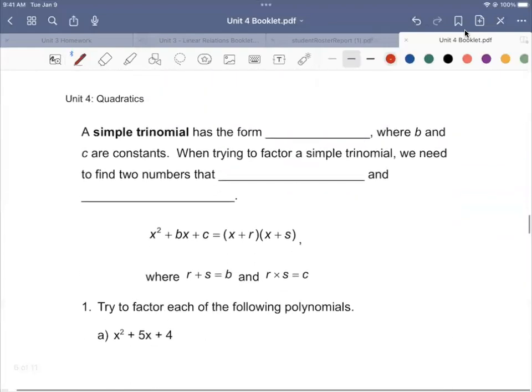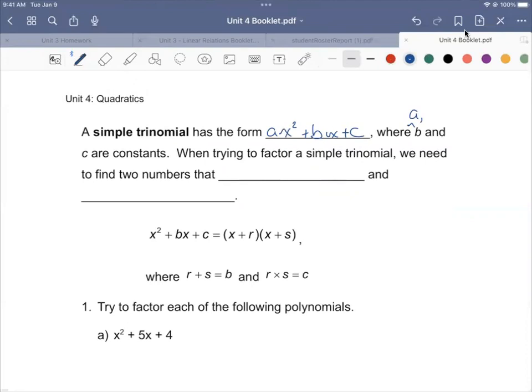All right, so when we're taking a look at a simple trinomial, it has the expression of x squared plus bx plus c. And this is always going to be where a, b, and c are constants.